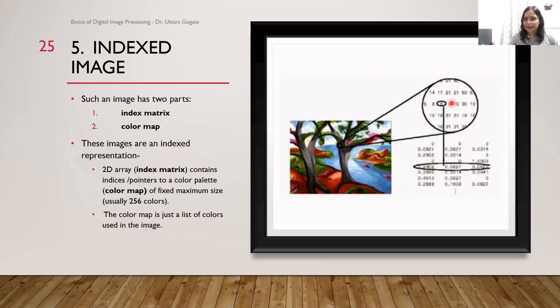So instead of representing the full color palette, we can represent it using this index, and when required, you can see the details of this. So this is one more type of image called the indexed image. For complex images, you can use this type of imaging.